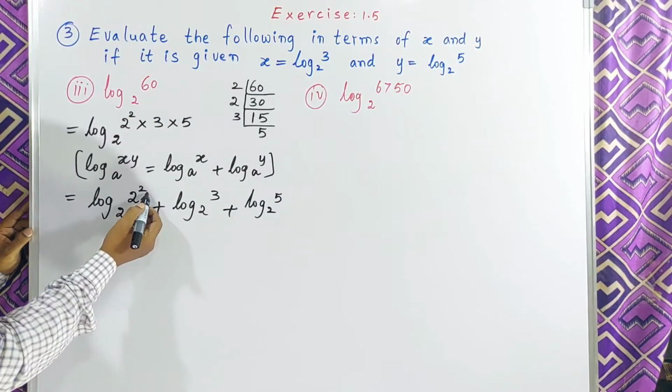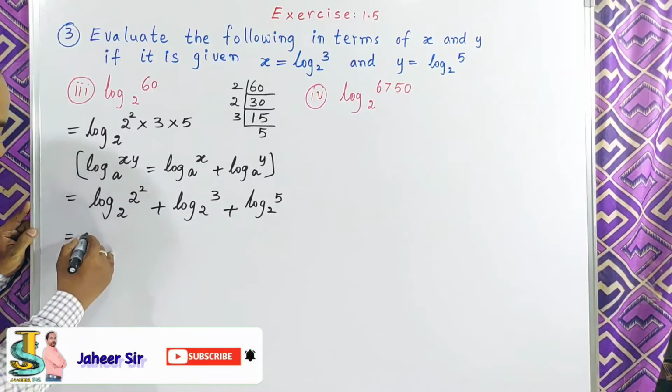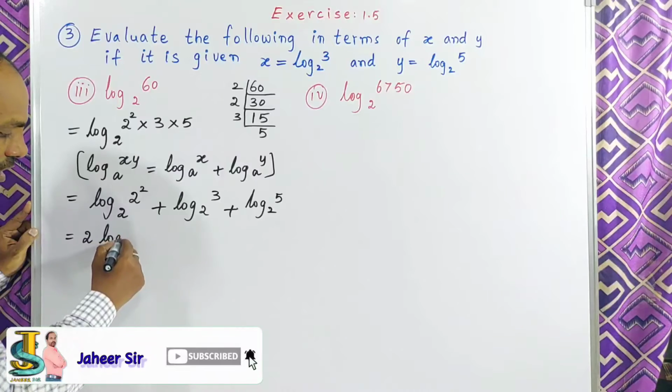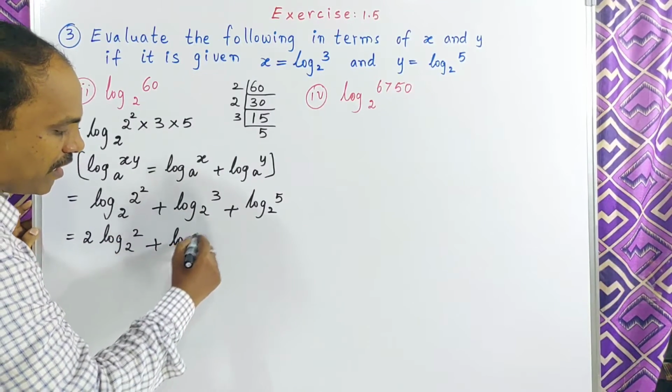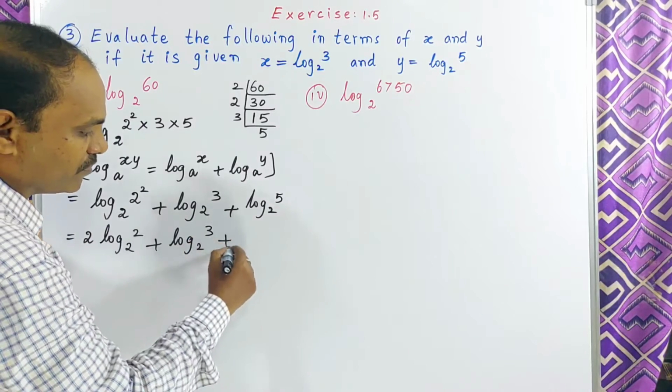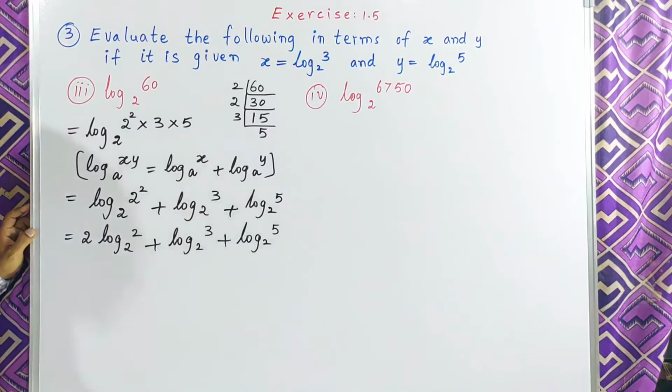Again here an exponent is there, so you can write this exponent in front: 2 log 2 to the base 2 plus log 3 to the base 2 plus log 5 to the base 2.